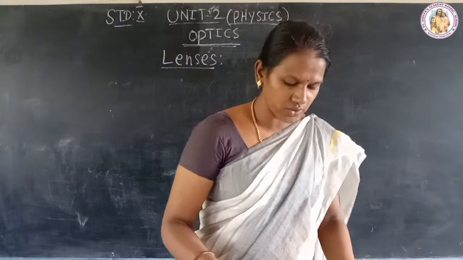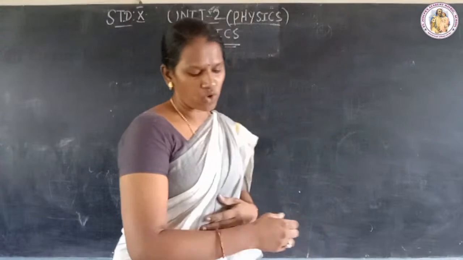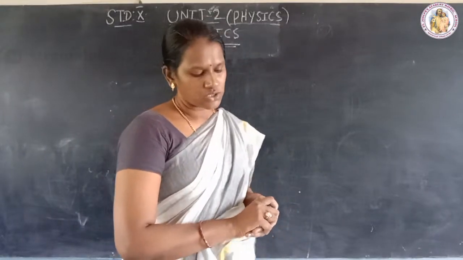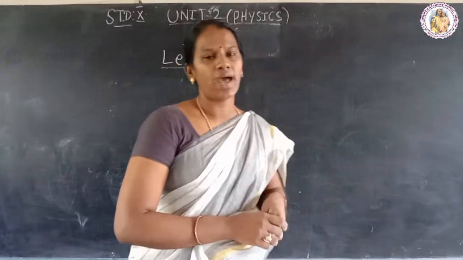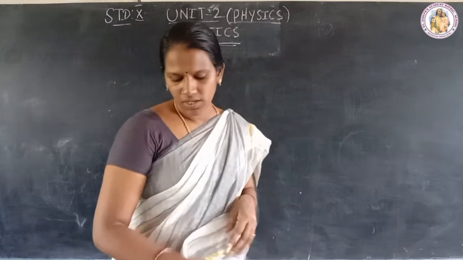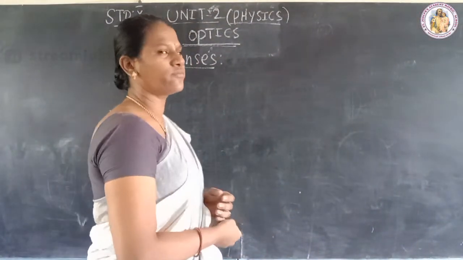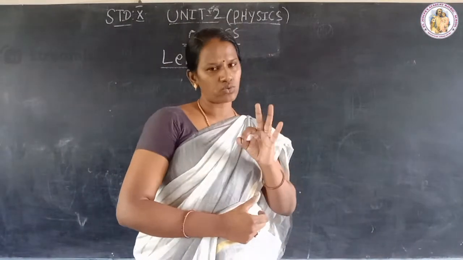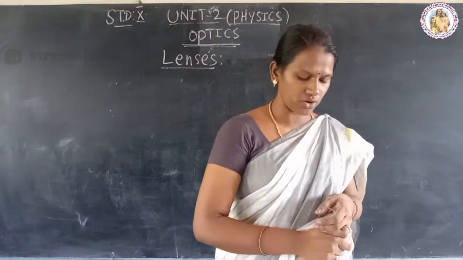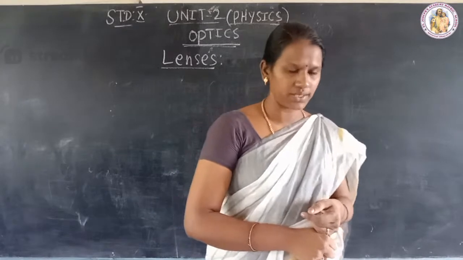Next we are going to learn how images are formed due to refraction through convex and concave lenses. Before that we need to know three rules. When an object is placed in front of a lens, the light rays from the object fall on the lens.